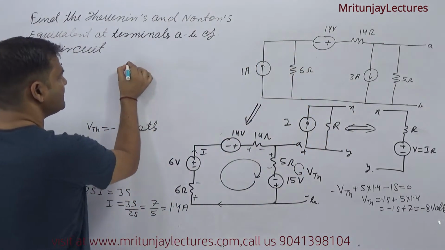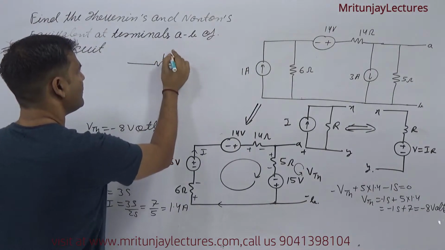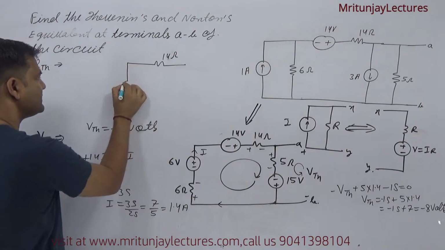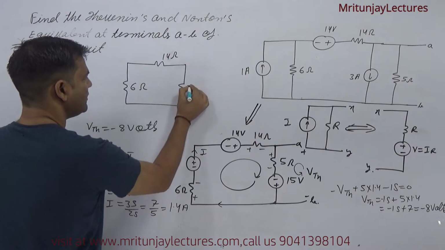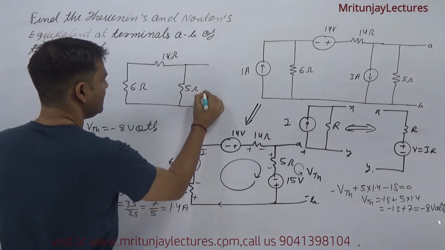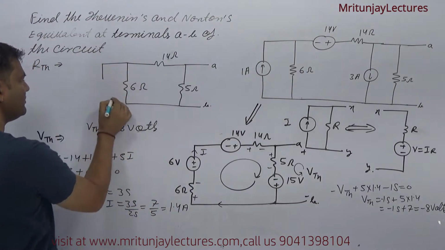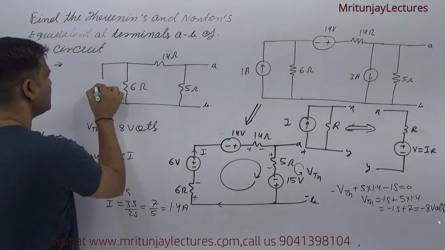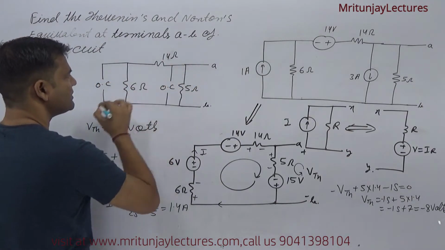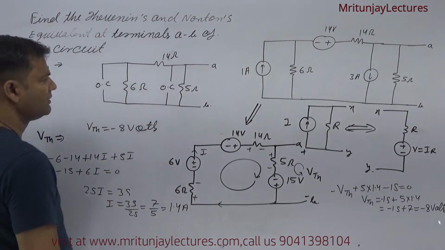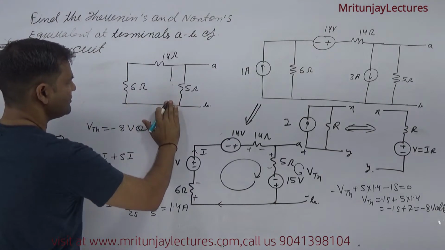So this one is open circuit, this one is open circuit, and this one is a short circuit. So first of all, make this circuit: that is 14 ohm, and that is 6 ohm, and that is 5 ohm, and that is A and B. Okay, this is a short circuit, and the open circuit terminals are removed.